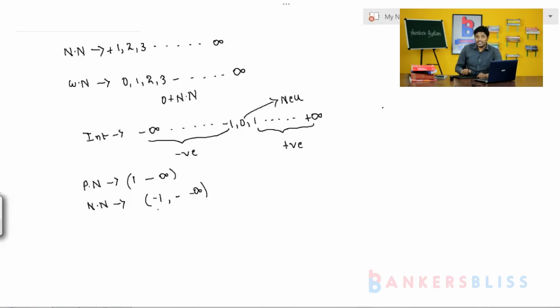If they tell you to consider non-positive numbers, meaning the numbers which are not positive, you have to consider from 0 to minus infinity, because 0 is not a positive number. If they ask you to consider non-negative numbers, meaning the numbers which are not negative, then 0 to plus infinity.